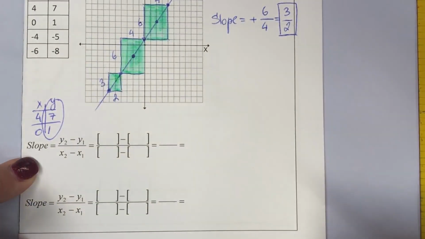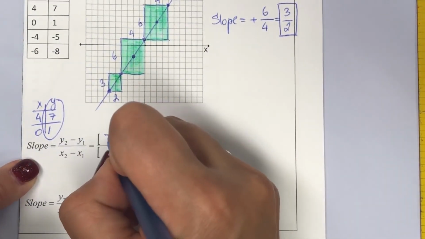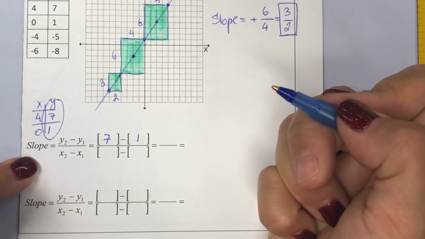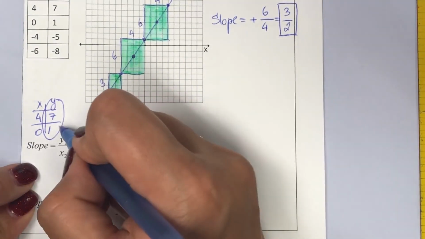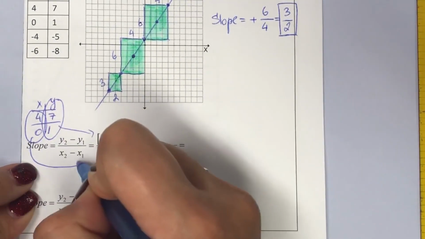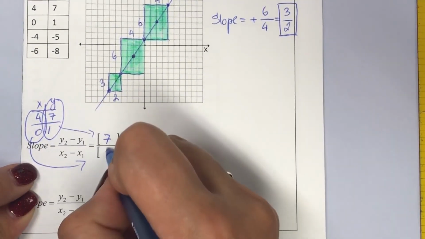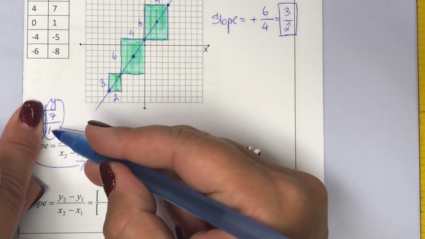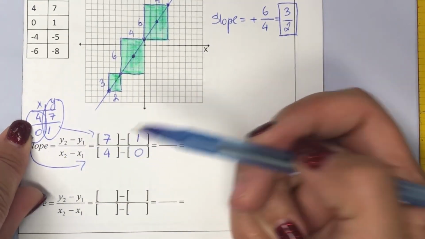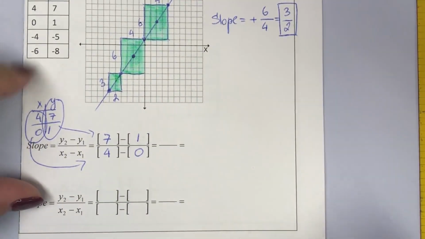So we're going to take the y coordinates, 7 and 1, and subtract them. So 7 minus 1. And then on the denominator we subtract the x coordinates. So those are 4 and 0. So 4 minus 0.